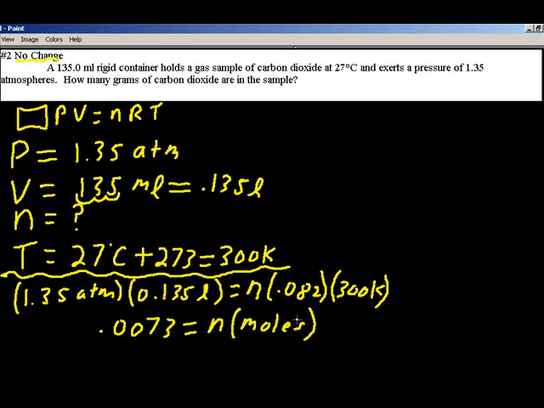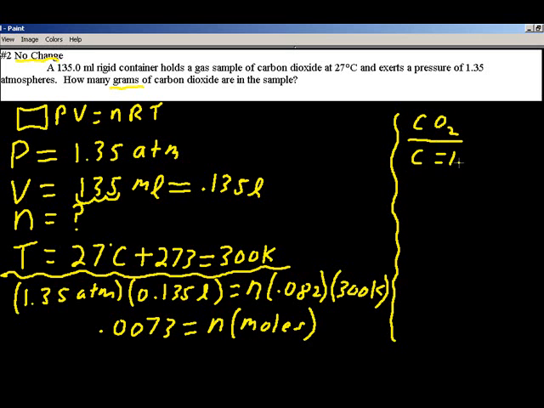They don't want the answer in moles. They're looking for grams. So what we're going to have to do now is convert this mole count into grams. Now to do that, I'm going to head up over here. And what I'm going to say is carbon dioxide, CO2, you'd expect to know that.